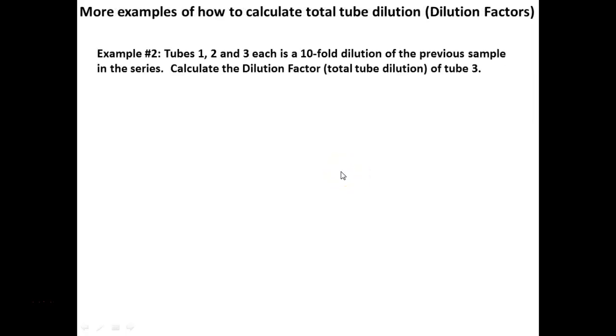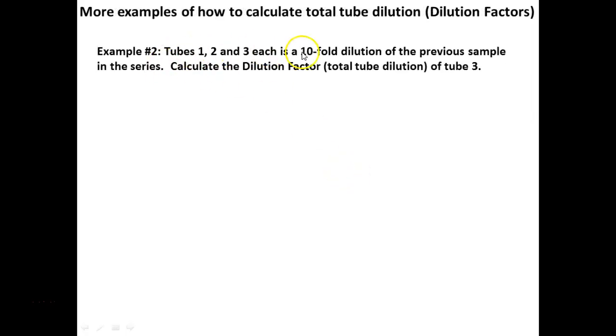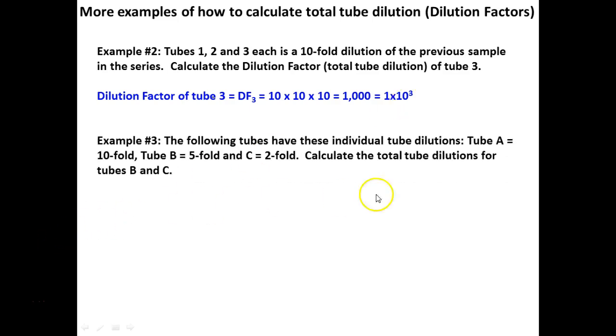So this one we are going to do. If you have 10-fold dilutions, like the previous example, how do we calculate that? It's 10 times 10 times 10, right? Which is 1,000 times or 10 to the 3rd. Well, okay, say tube A, you have a 10-fold dilution. Tube B, you have 5, and tube C, you have 2.